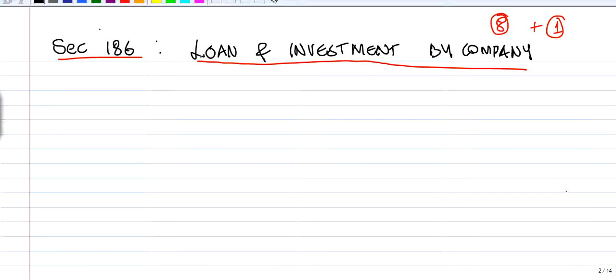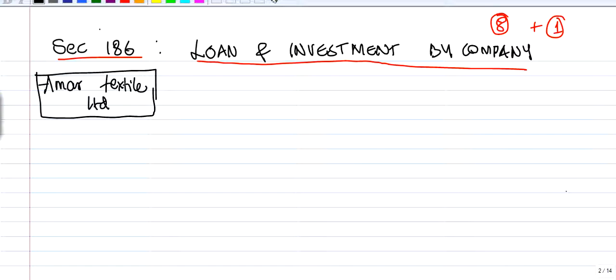Is it tough? Let's see how it works. I will give one example. Let's say Amar Textile Limited is a company engaged in the manufacture of fabrics.